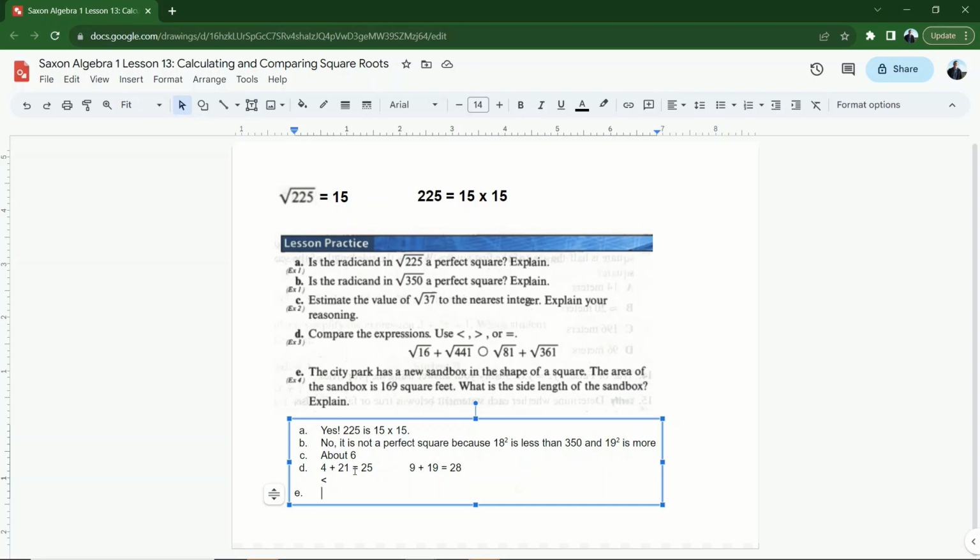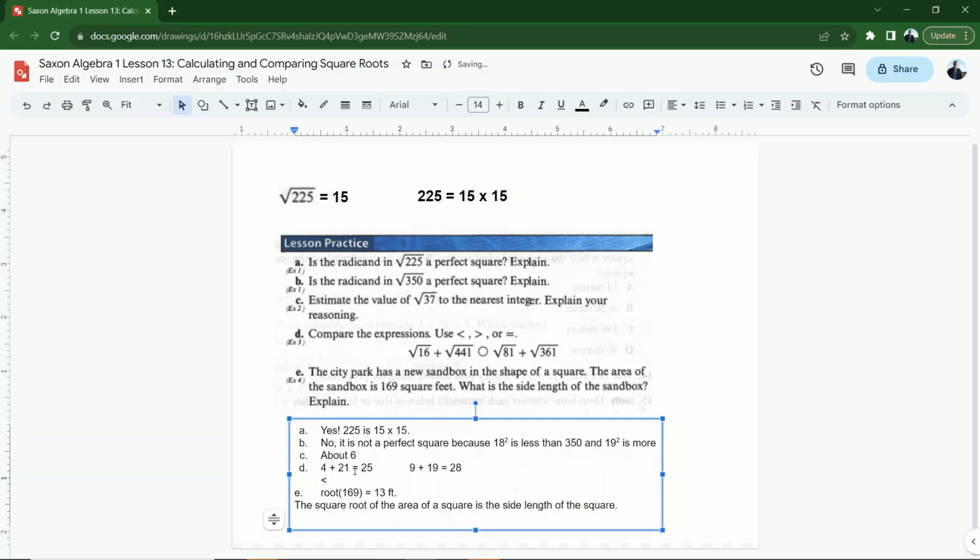So, if I take the square root of 169, that's going to equal 13. That's one that I have memorized, 13 feet. That means that a side length of this sandbox is 13 feet. How do I know? The square root of the area of a square is the side length of the square.